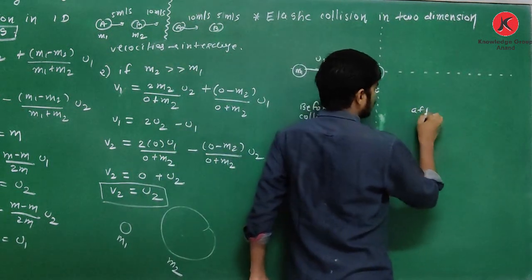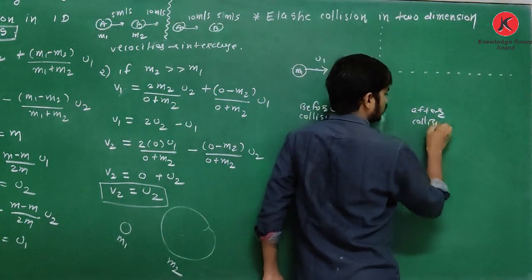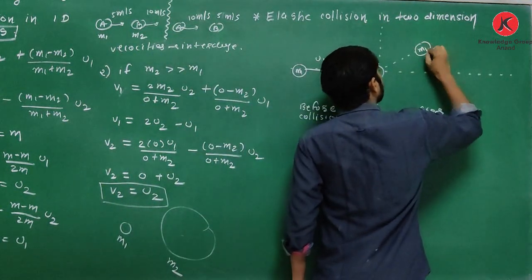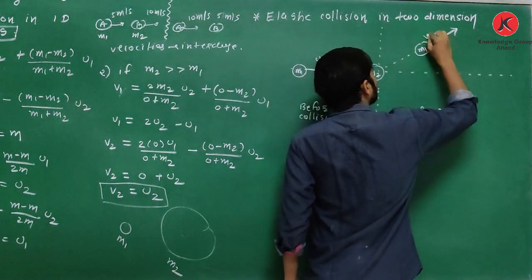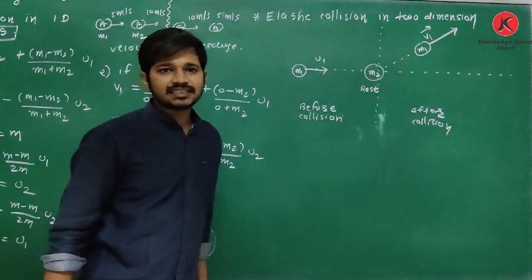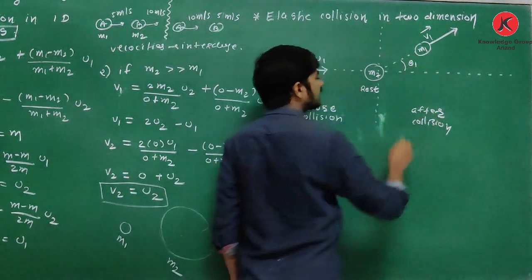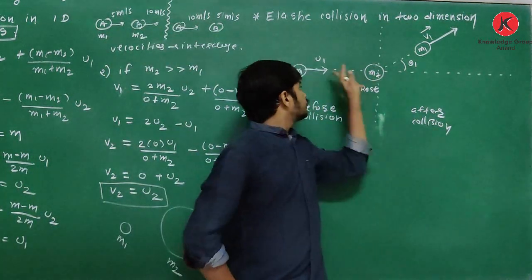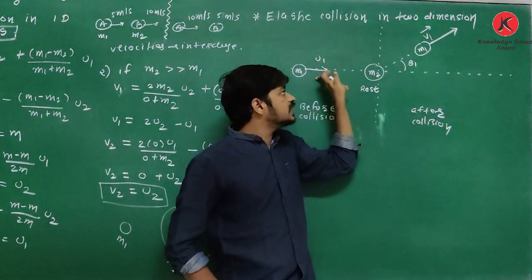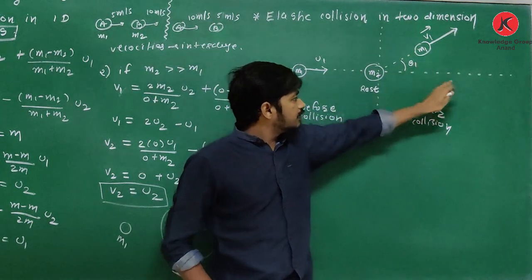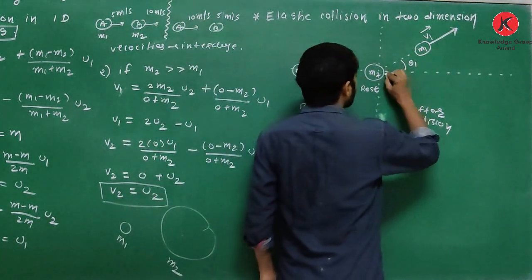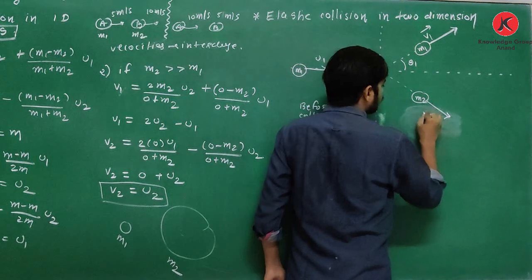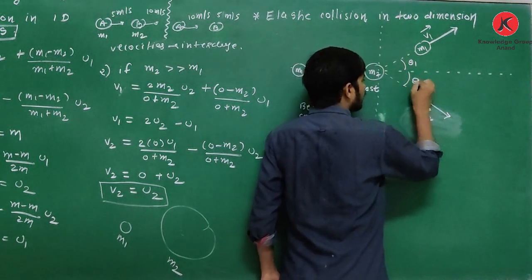After collision, I am assuming this first sphere having mass m1 is moving with velocity v1 in this direction, making some angle theta1 with the x-axis. Let this first sphere be moving with velocity v1 at angle theta1 with respect to the x-axis, and this other object having mass m2 is moving with velocity v2 at angle theta2 as shown in the figure.